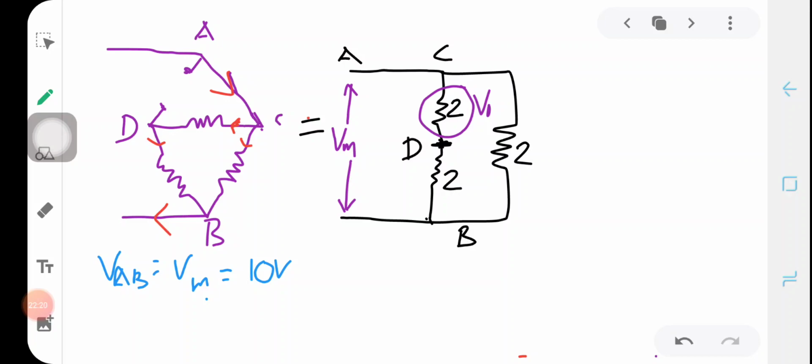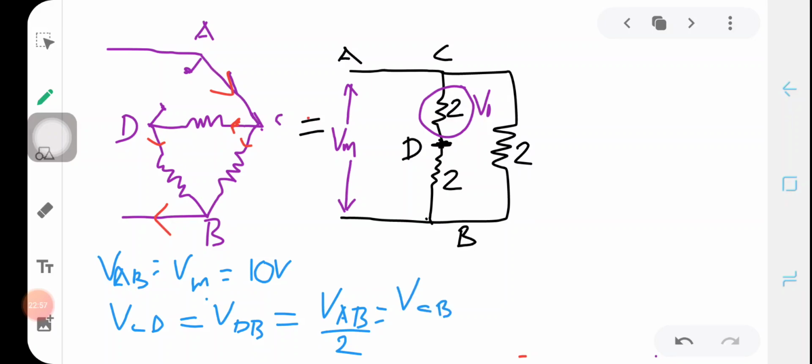Now if we consider these two, the voltage across CD will be equal to the voltage across DB, because the current will be the same and the resistances are the same across CD and across BD. So VCD is equal to VDB, which is half of the total voltage VAB, or VCB by 2.